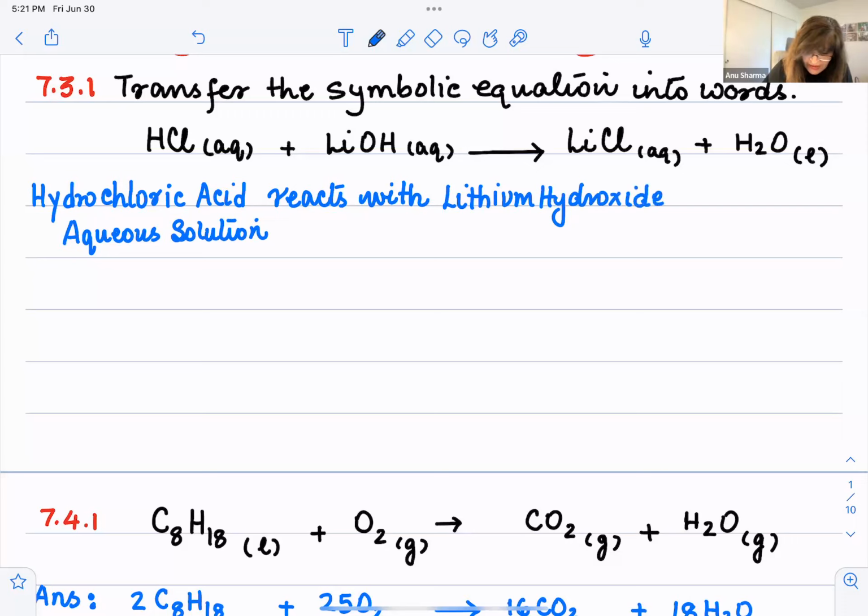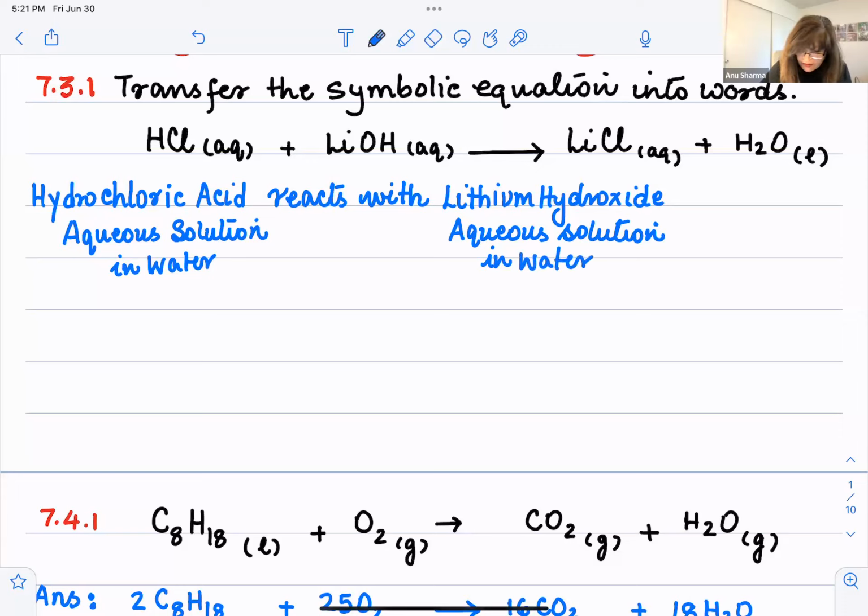Lithium hydroxide is also an aqueous solution, which literally means in water, soluble in water.